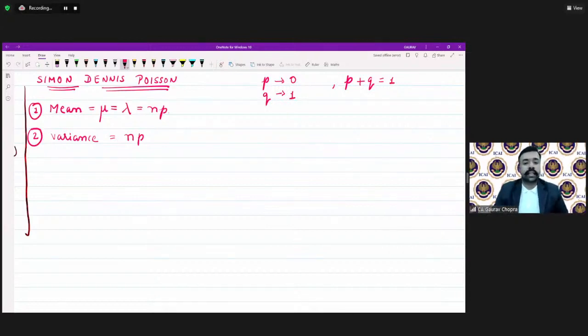And if we multiply anything with 1, the result is the same. Like 5 multiplied by 1 is 5, 10 multiplied by 1 is 10. Similarly, np multiplied by 1 is np. So that is why the formula for variance in case of Poisson distribution is n into p.